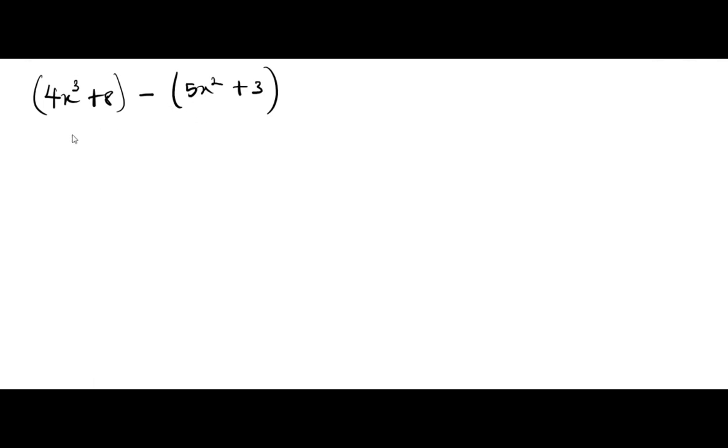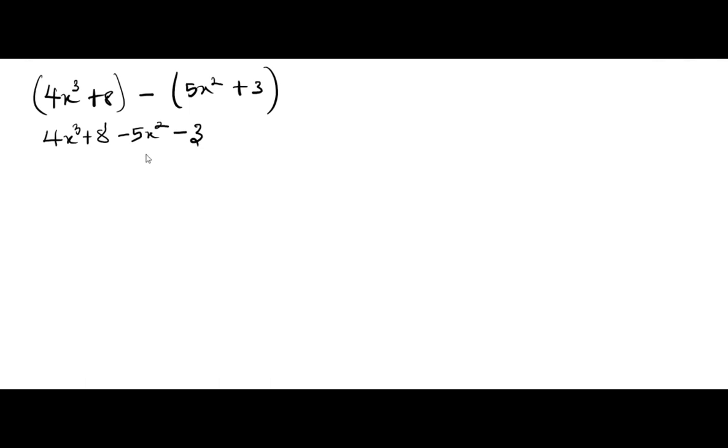Then I'll combine the terms. So since there's no negative sign here, I'll bring out these terms here. So you have 4x cubed plus 8, then minus times positive 5x squared will give negative 5x squared. Then you have minus times positive 3 will give negative 3.